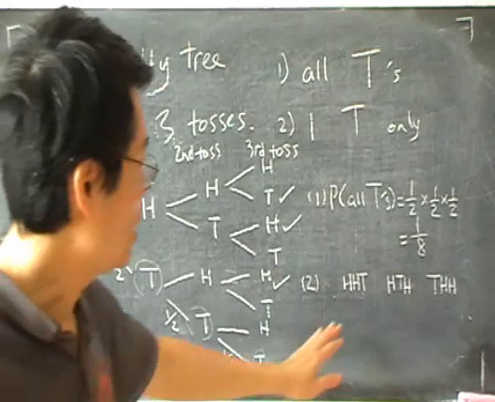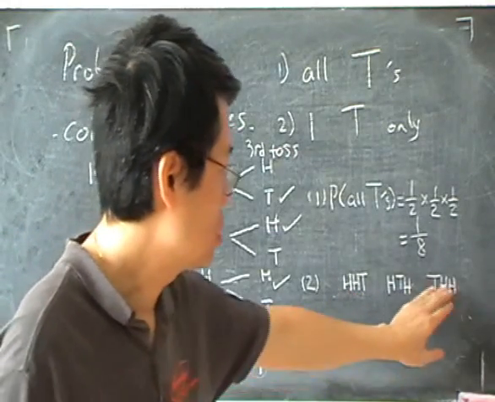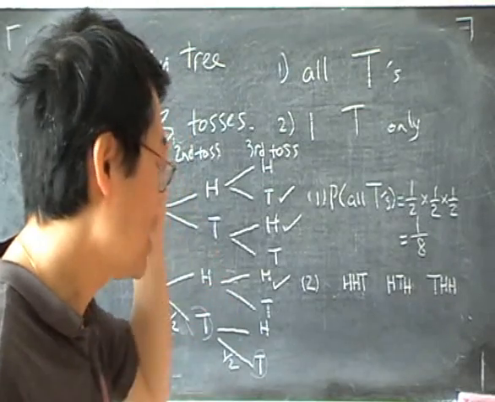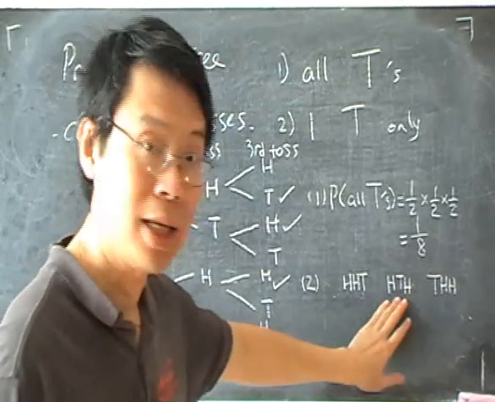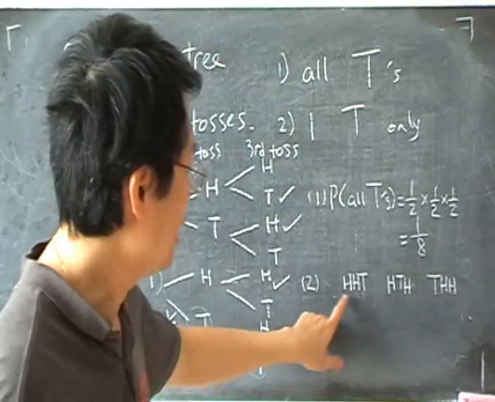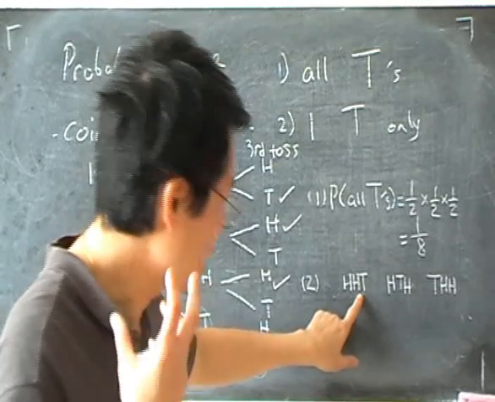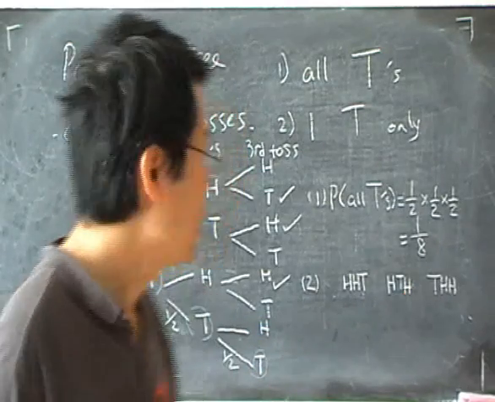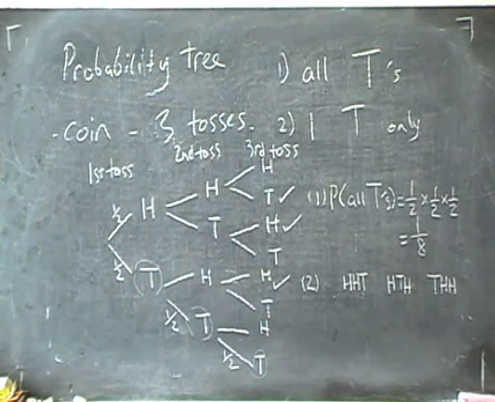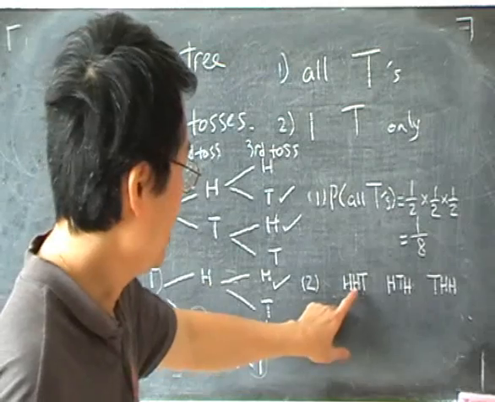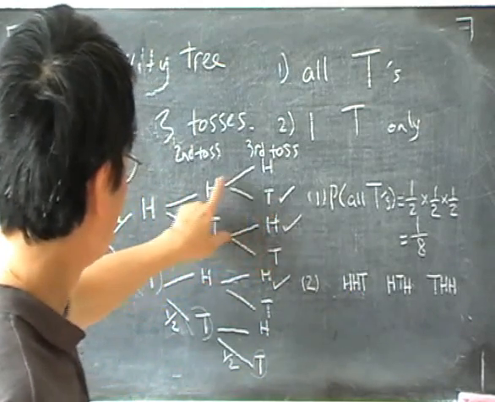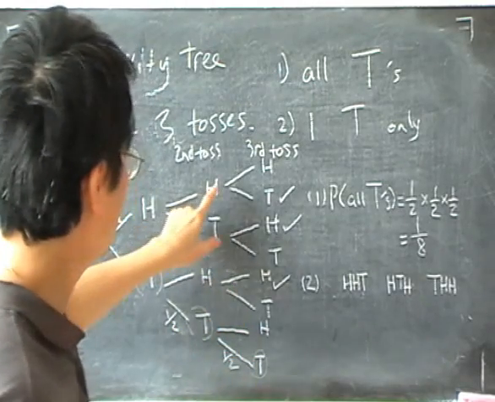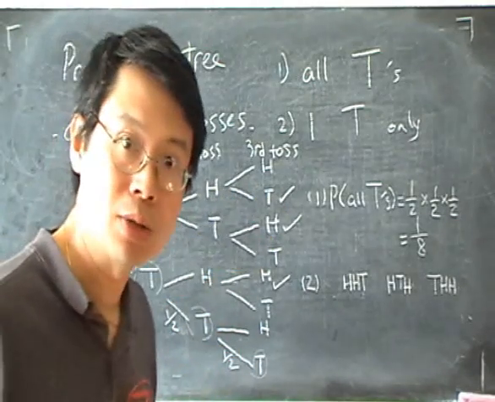What we need to check here is whether those three events are mutually exclusive, meaning that if I get this, does it mean that I cannot get that? So if I get a head-head-tail, does it mean that I definitely cannot get a head-tail-head? Let's look at this. If I get a head-head-tail, it means that the first toss, we get a head, second toss head, third toss tail.